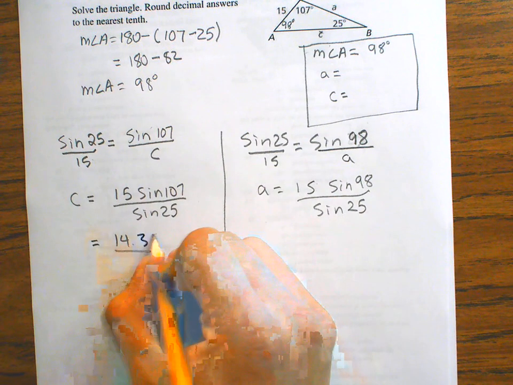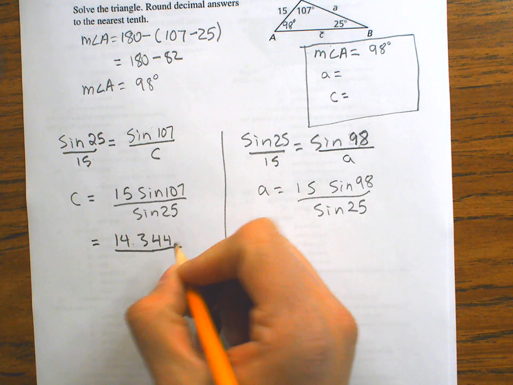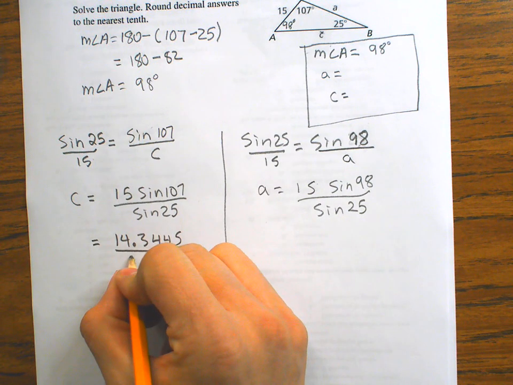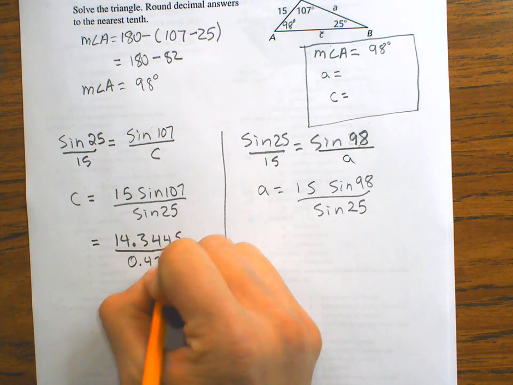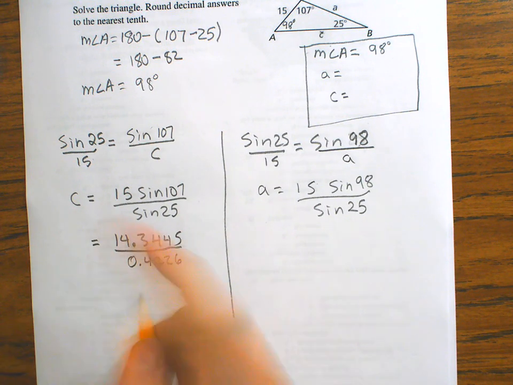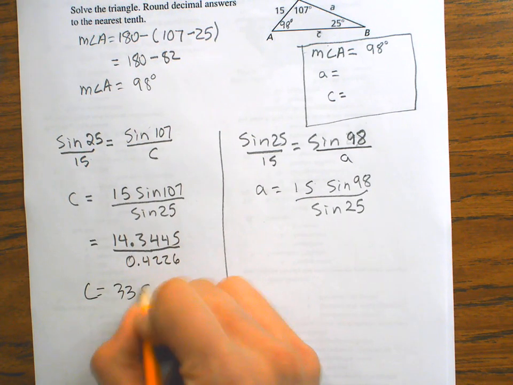The calculator is doing all the work, so let's go ahead and just use that. Okay, so 25 sine. Then we're going to go ahead and divide that. And I get C to be about 33.9.